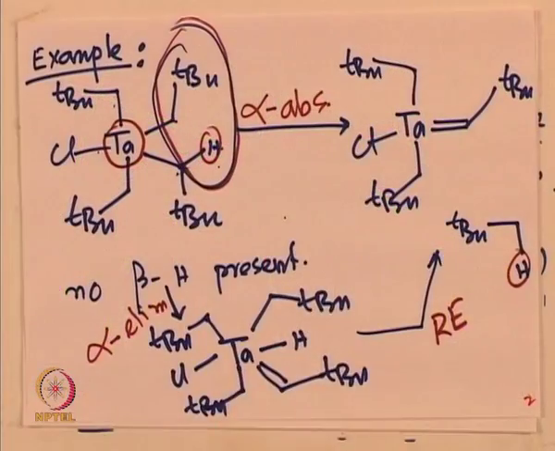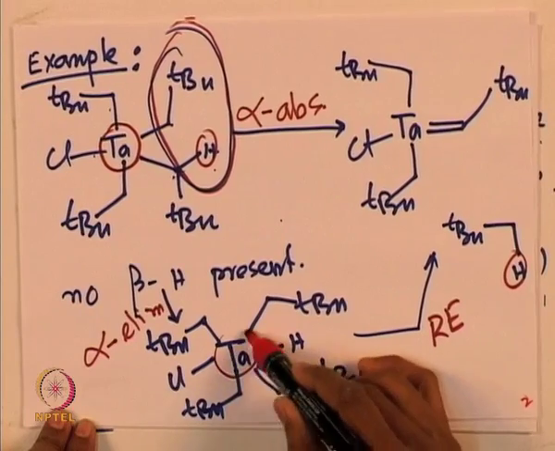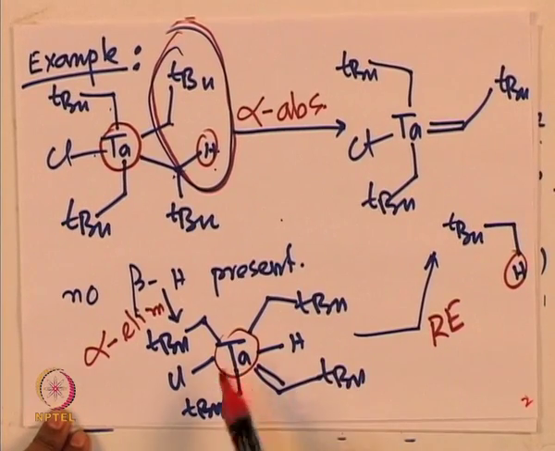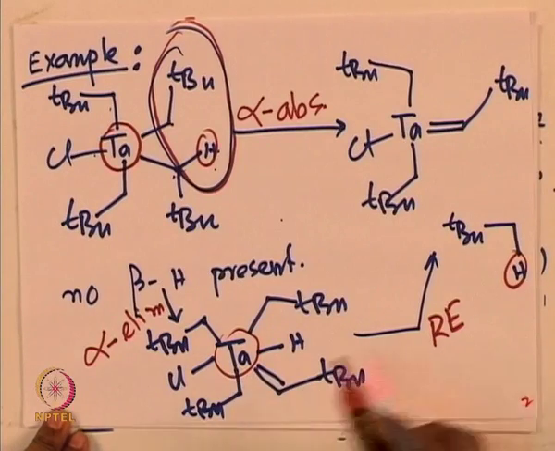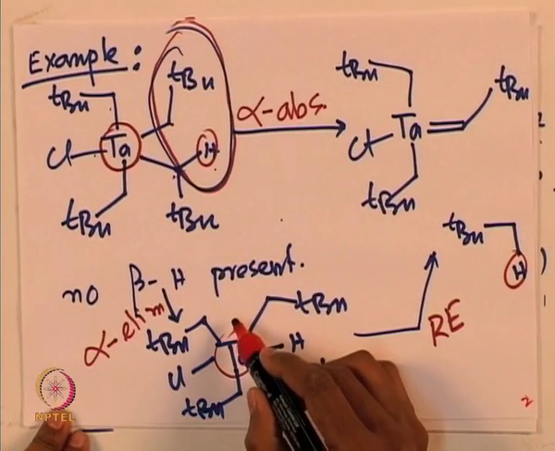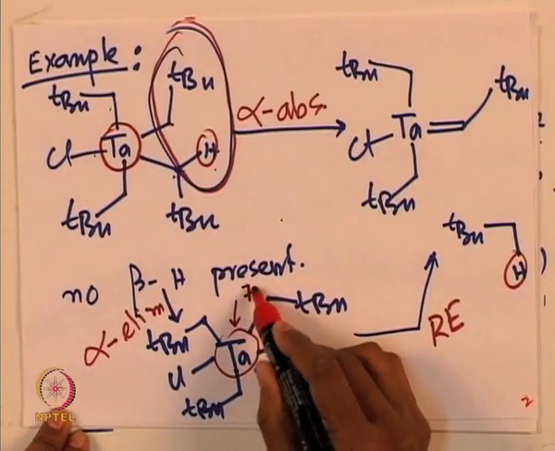And why is that? Very simply, let's go back and look at the example one more time. This is the one where we have 1, 2, 3, 4, 5, 6, 7. So this tantalum is going to be tantalum 7 plus.